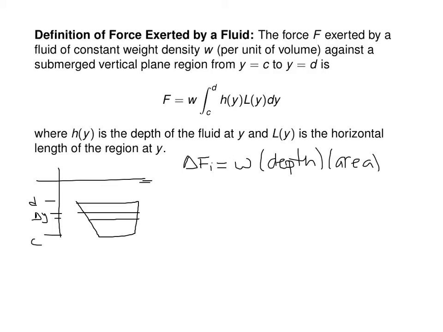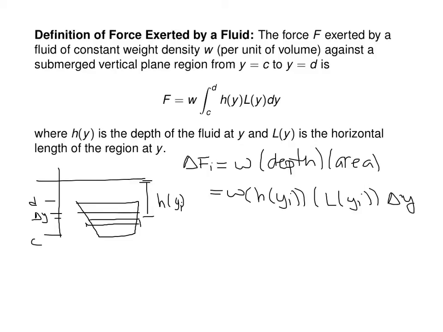Now I'm going to make a function, we'll just call it h, and h of y as a function tells me the depth at y. So this particular depth is h of y sub i, so I have w h of y sub i. Now the area of this little box, I'll have another function that's defined as the length of the horizontal region, so that will be L of y sub i, that's the width of that box, multiplied by delta y.